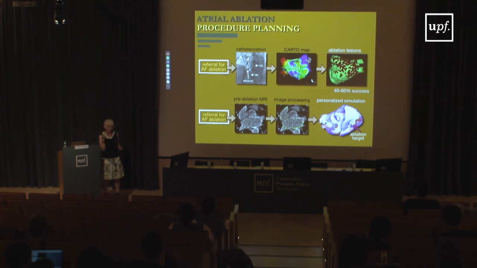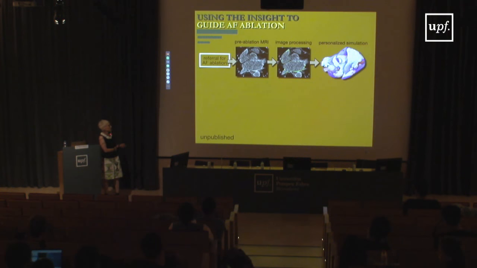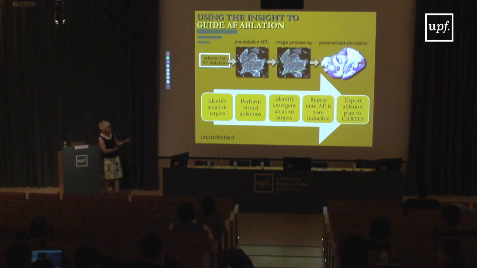On the modeling side, it's not very simple, because we identify the targets, but then we do virtual ablation to make sure that it really terminates the arrhythmia, and if new drivers arise, then we repeat it, and then finally we get the ablation targets, and we provide that to the clinicians.